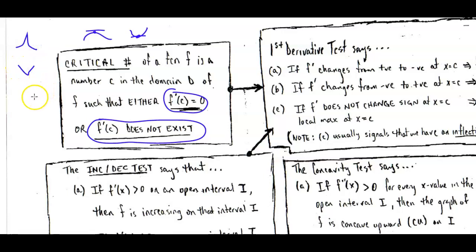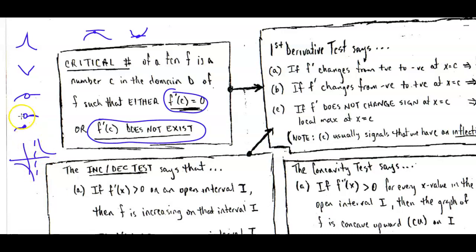The cases that we hope it comes out to be is we either have a cusp or we have a corner, but we could also see situations like we have a hole in our graph, a jump discontinuity, or, let's say, a vertical asymptote, it'll look something like that.